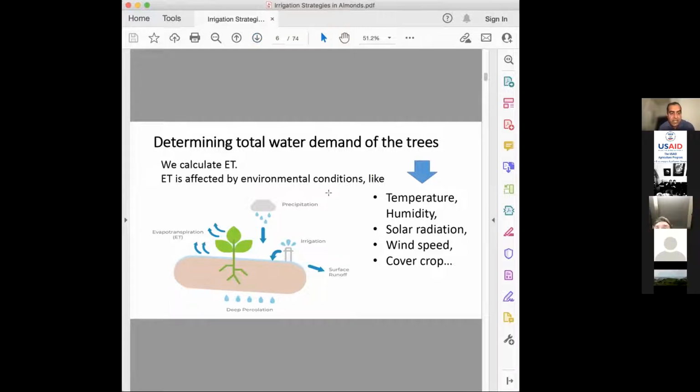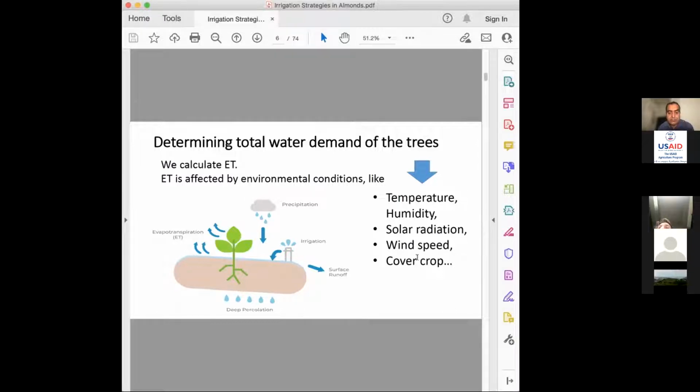Evapotranspiration is affected by environmental conditions. We have seen that hot conditions, high temperature, lower humidity, solar radiation, and wind speed matter. The higher the wind speed, the higher the water loss from the tree, especially in terms of transpiration.